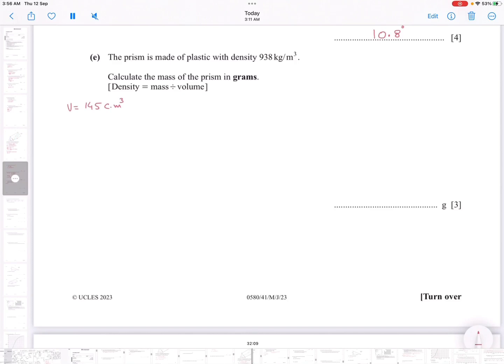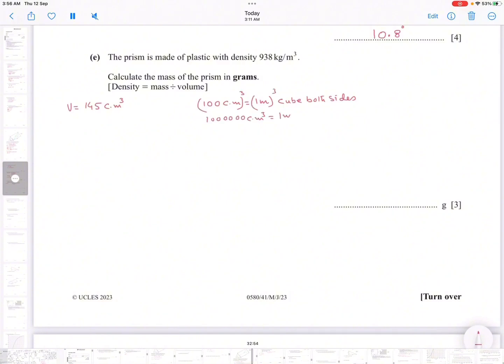We know that 100 centimeters equals 1 meter, so cube both sides. Divide 145 by 1,000,000 and you get 0.000145 cubic meter.